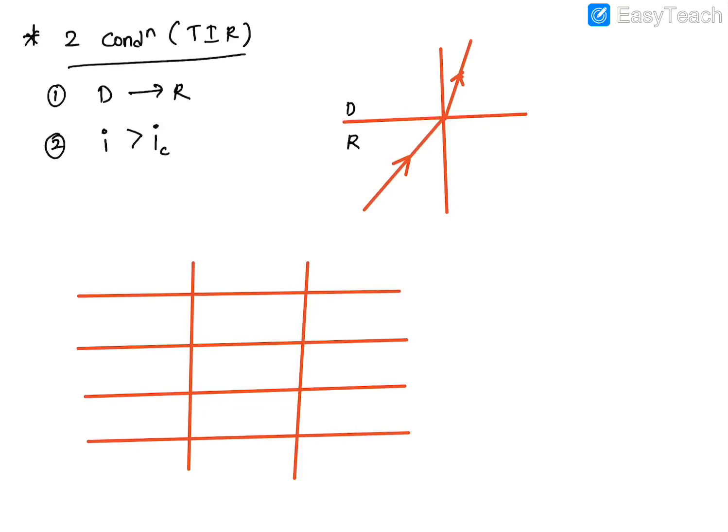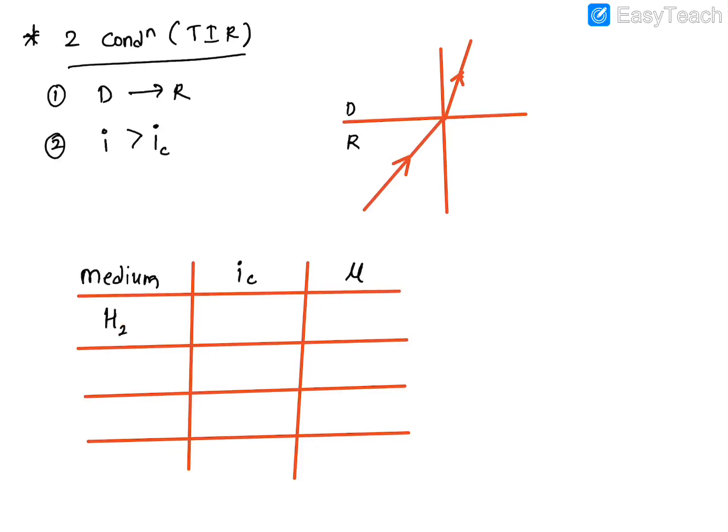Now see what all mediums you need to learn. I'll make the first column medium, the second column the critical angle, and the third column the refractive index. The first medium is water.